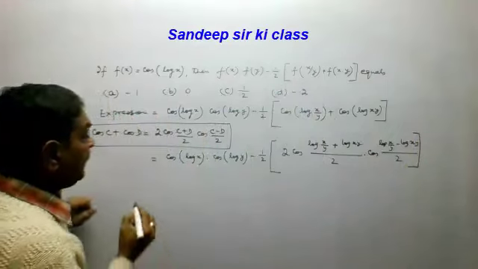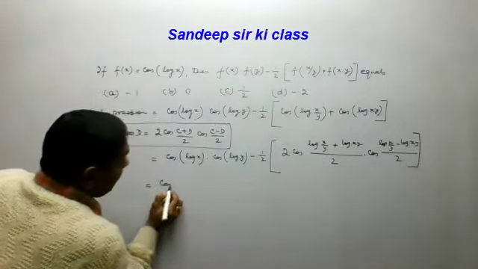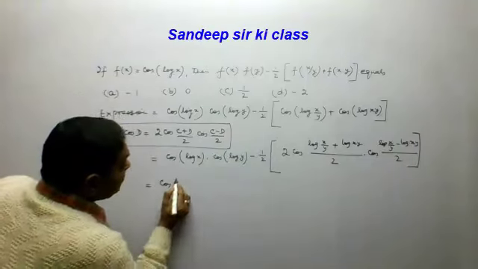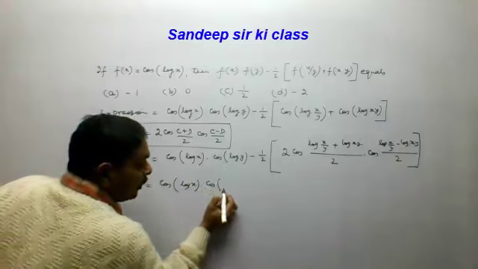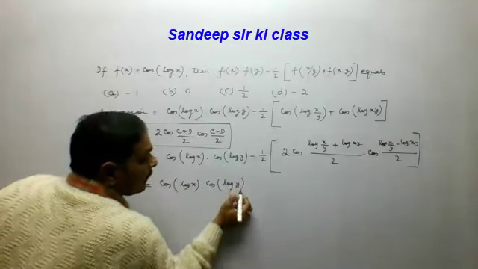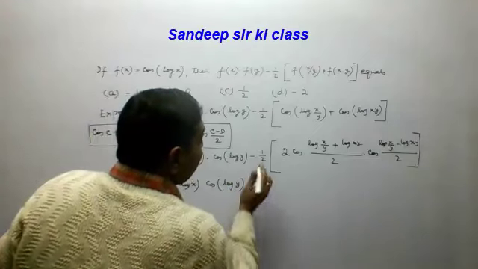This we will be obtaining. Simplify this. So this is equal to, again this will be as it is, so it is cos log x into cos log y minus 1 upon 2. Now 2 can be cancelled, so you simplify it here.